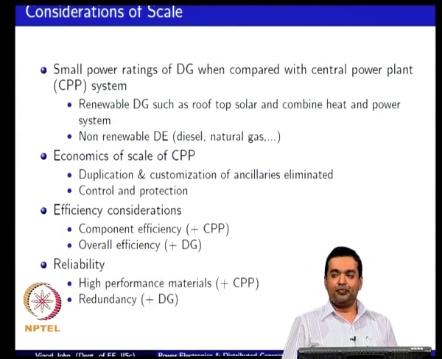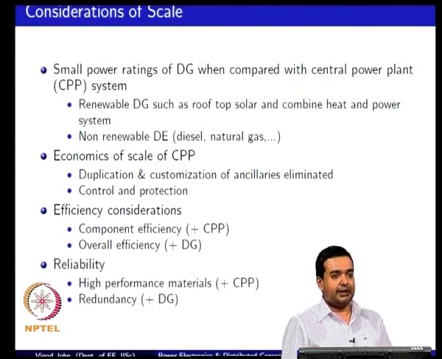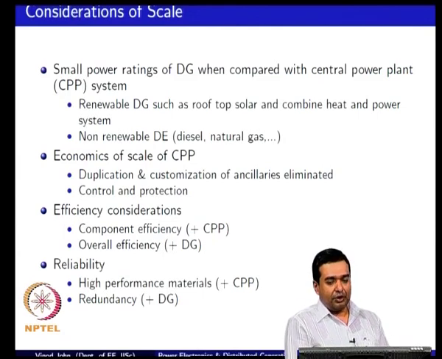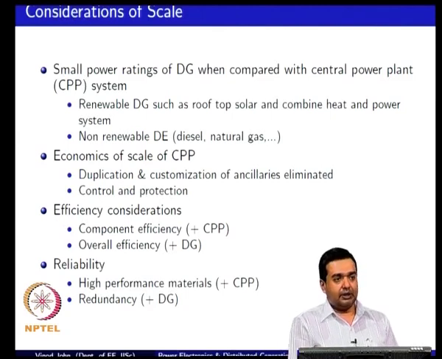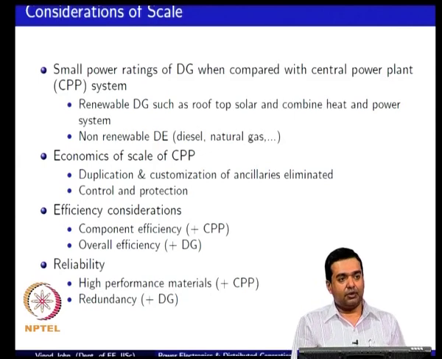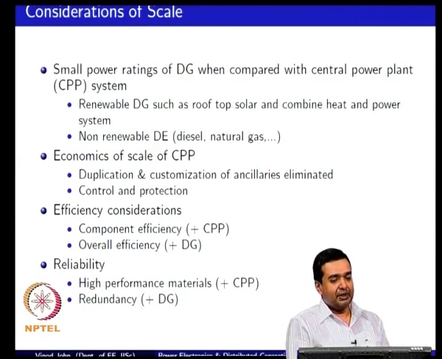Once you go to very gigantic sizes, then again you have problems, but when you are talking about typical DG and centralized systems, you are talking about benefits of economies of scale for the centralized systems.